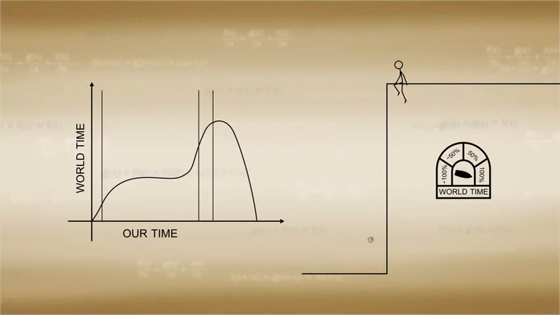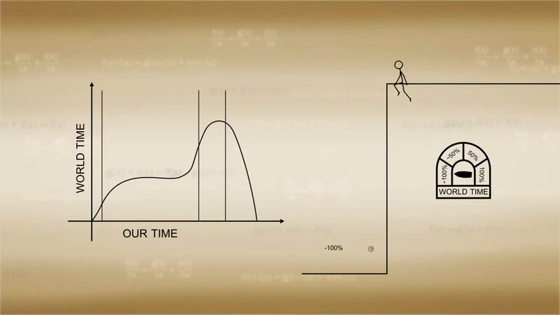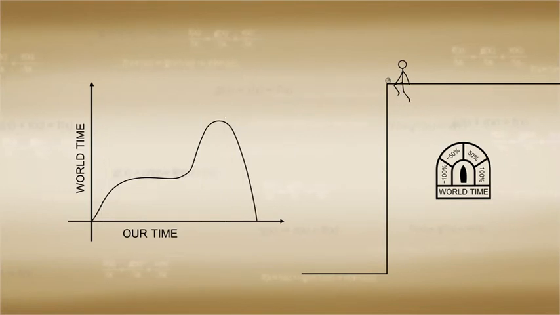If the speed of time is negative, which is to say that time is going backwards, then the object will move backwards, and the change in position will be in the opposite direction of what it should be. In all these examples, it is important to recognize that the speed of time, represented by the derivative of r of x, is multiplied by the rate of change of the position of the object, represented by the derivative of g of x, at the relevant point in the world time given by r of x.